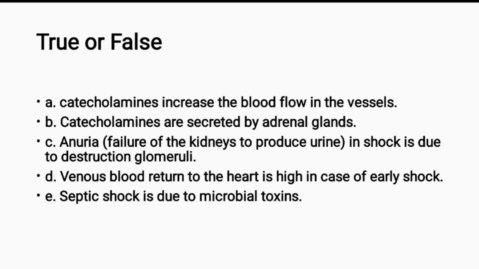True or false? D. Venous blood return to the heart is high in case of early shock. True or false? E. Septic shock is due to microbial toxins. True or false? Well, the answers are here.